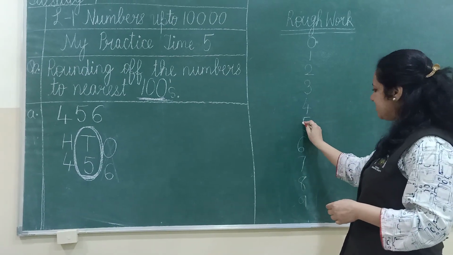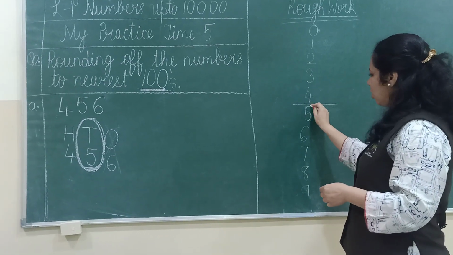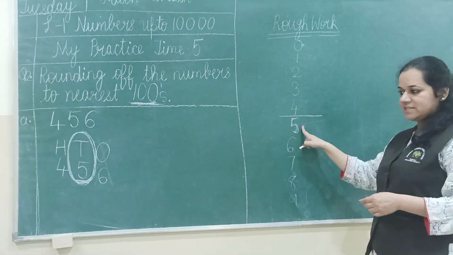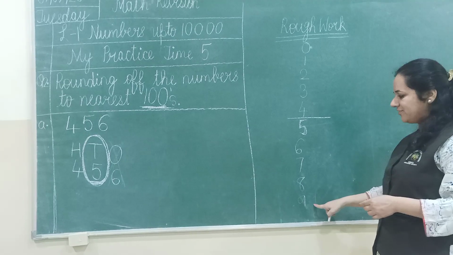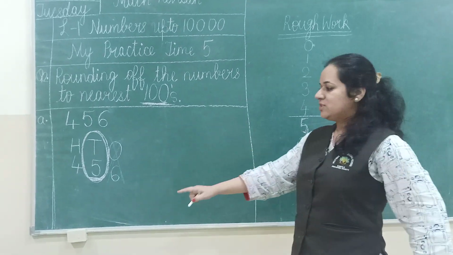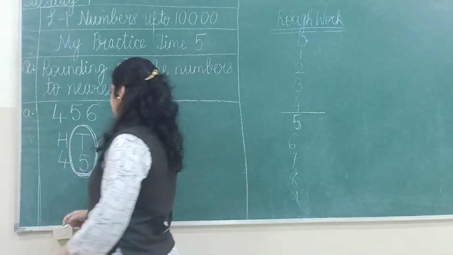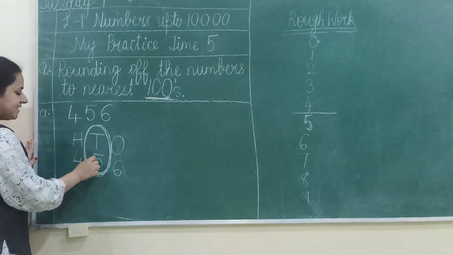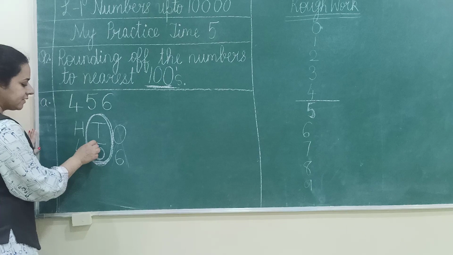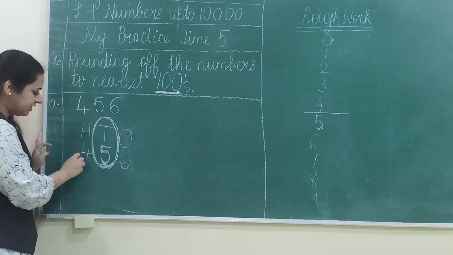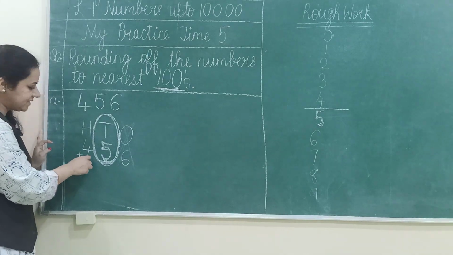If the number is 5 or more than 5, we will change the number on the hundreds place. Now, the number on the tens place is 5. So, we will add 1 here in this number.